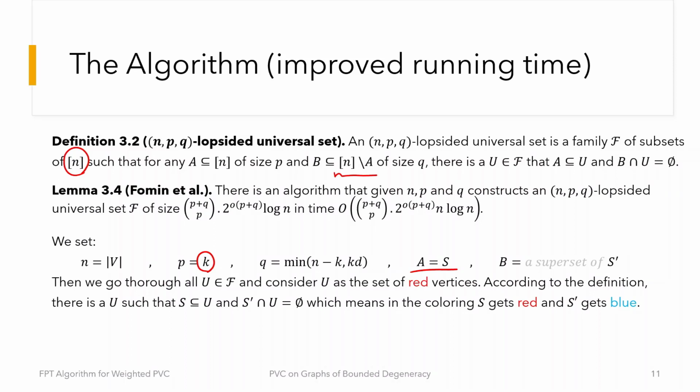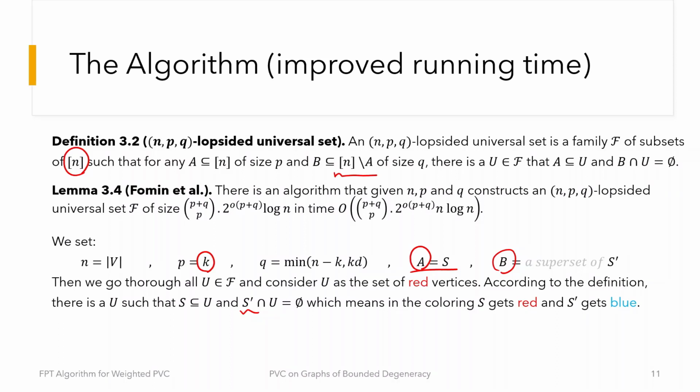And because of the definition, there is a set such that A, or S, is a subset of that set. So it means that all vertices of S are red, and the intersection of the set and S prime is the empty set, so every vertex of B is blue, none of them are red. So this is exactly what we want. We want S to be red and S prime to be blue.